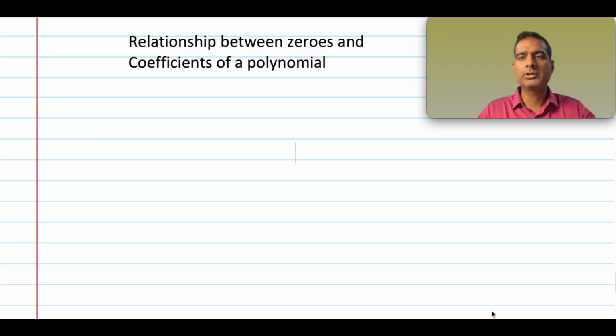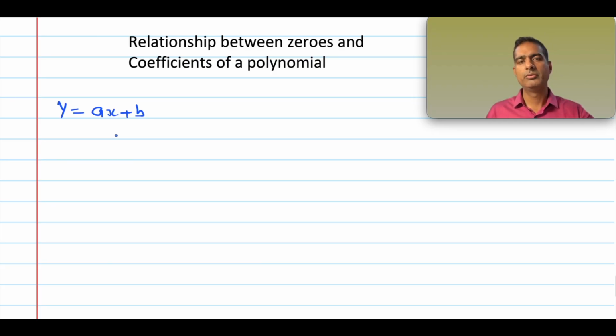For that, first of all, let's take the simplest polynomial, that is the linear polynomial. If I take an example, the general form y is equal to ax plus b, and we try to find its zero.